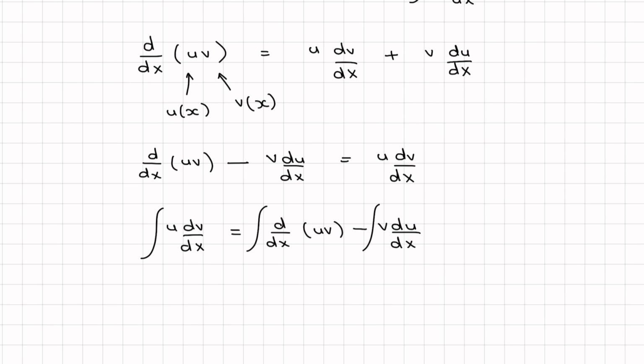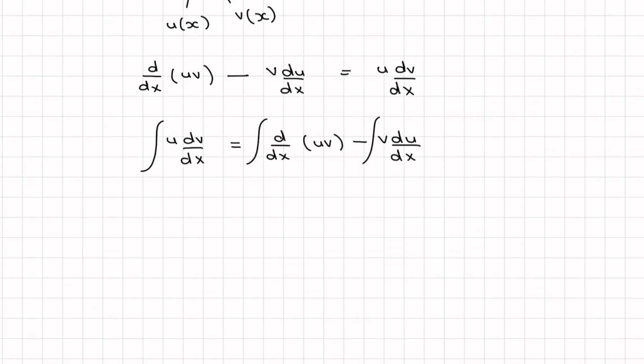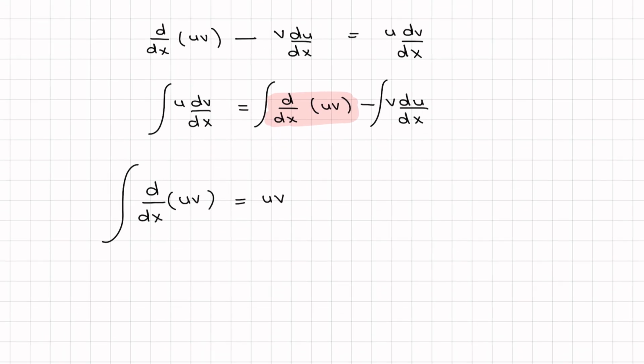What we can see is we have something that almost looks like the integration by parts formula. This term right here, the one I've highlighted in pink, is actually just equal to uv, because differentiating something and then integrating it just leaves your original function unchanged. So all of this just equals u times v.